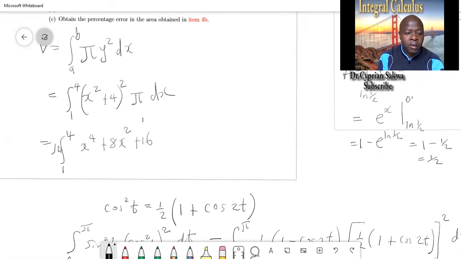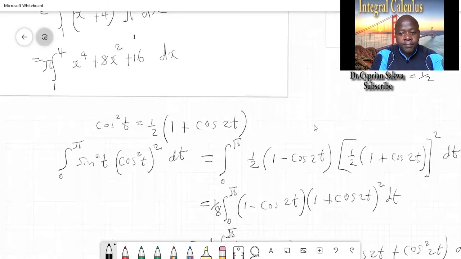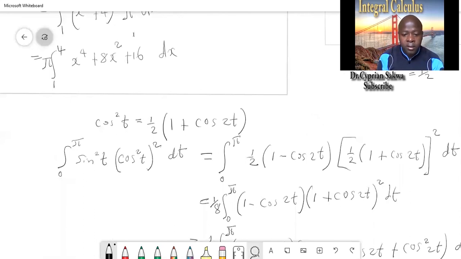Let's just put pi outside because it's a constant, dx, and integrate that. Let's just clear this space.